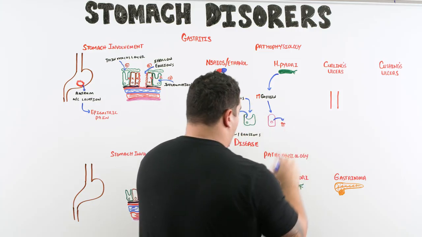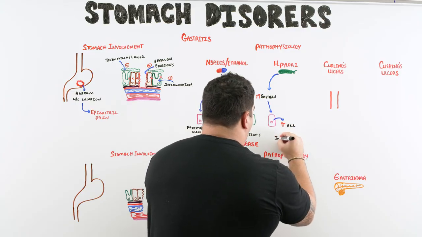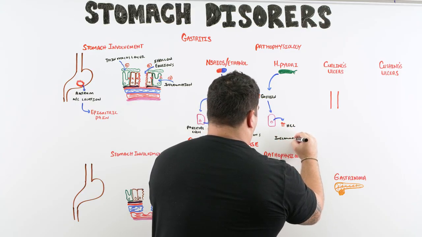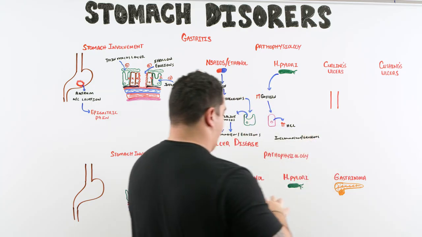And if they pump out very large amounts, what do you think it can do? We already talked about it. It'll lead to inflammation and to erosions of the stomach mucosa.